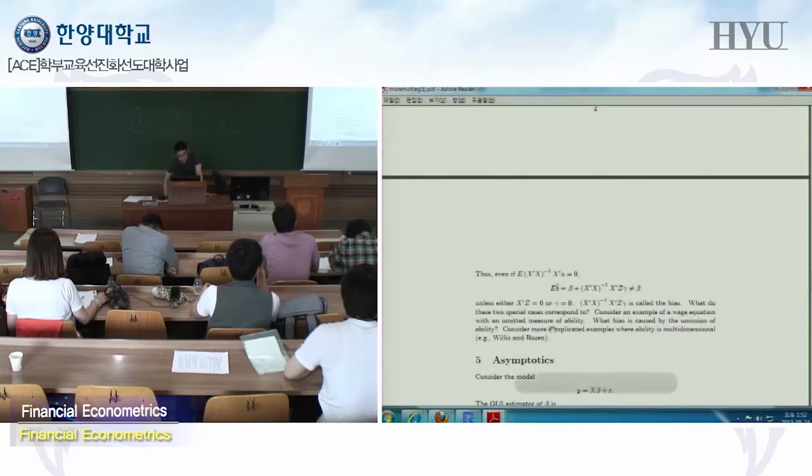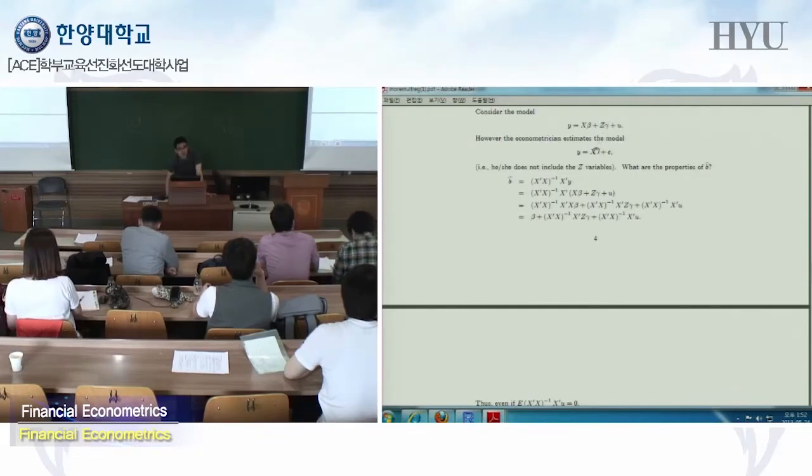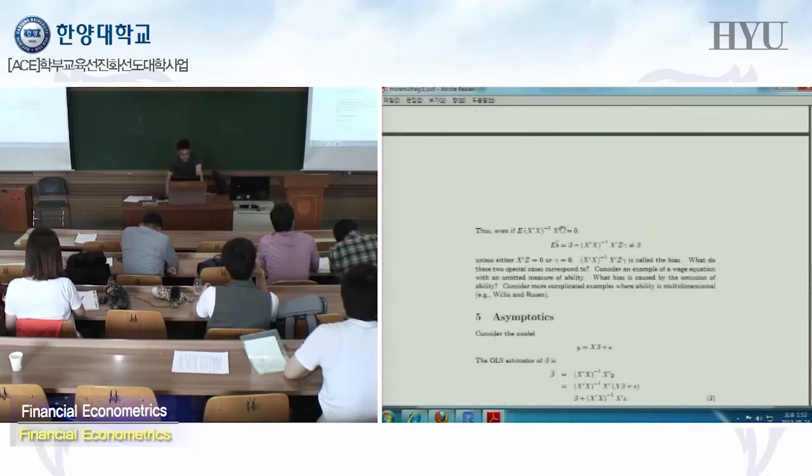Gamma being 0 means that what we run is exactly the same as the true model, because gamma equals 0 means that Z is an unimportant variable anyway. So intuitively, since we did not include an unimportant variable, it does not matter whether we run this model or this model. So this is intuitive.